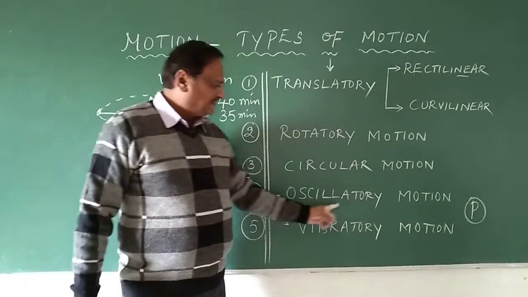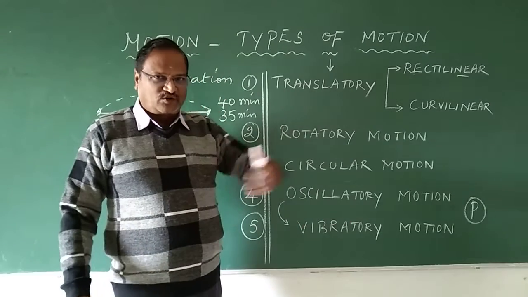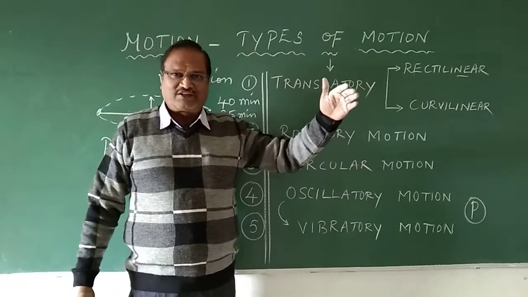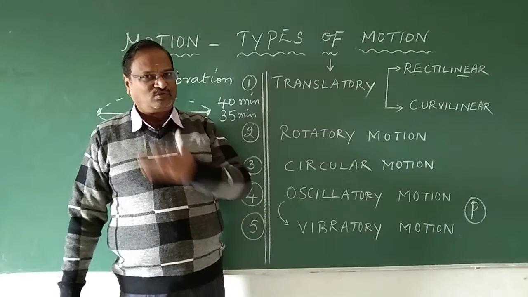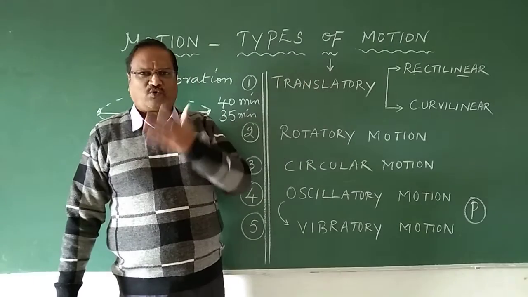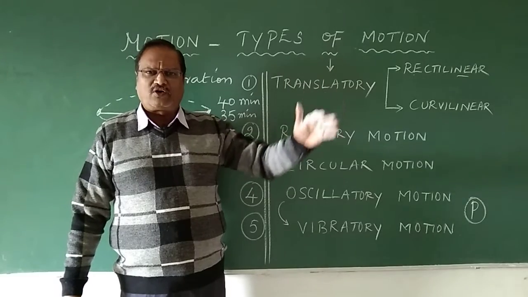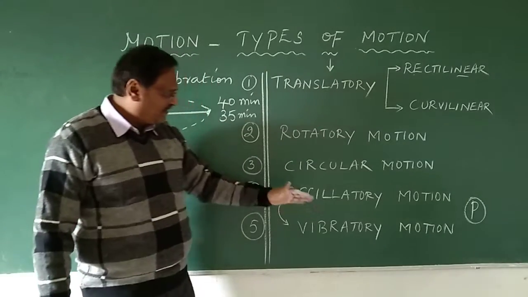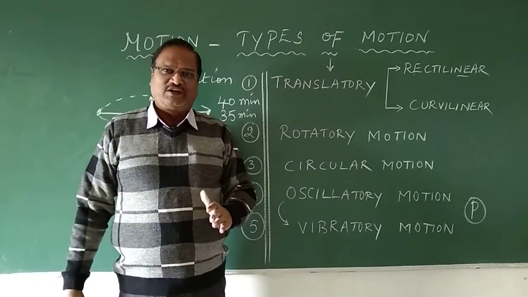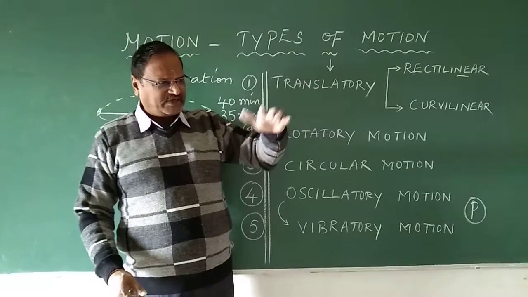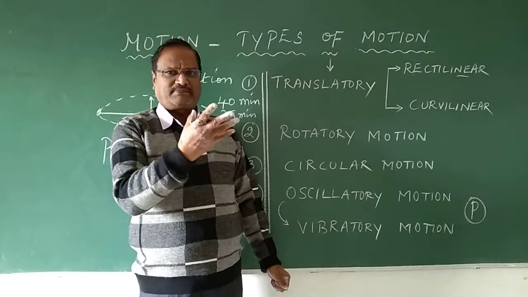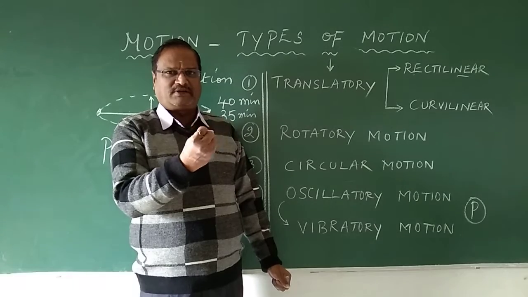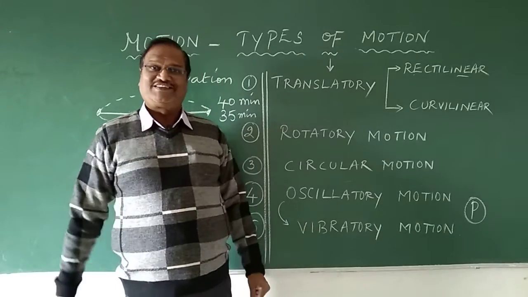If this oscillatory motion is regular, like a pendulum wall clock, to and fro, the same, going on continuing for a long period, that is called periodic motion. Vibration, for example, look at our heart. See, lub dub, lub dub, lub dub. It is in vibration.